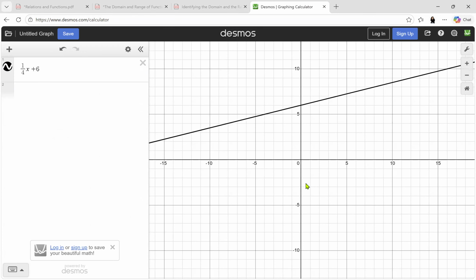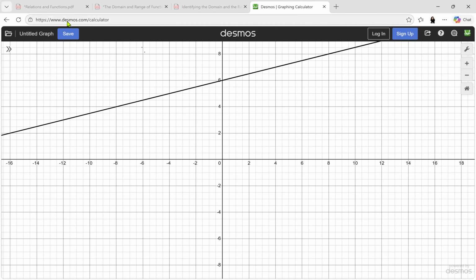Tell me, what is f of 4? F of 4 is 7, correct. So f of 4 is 7.